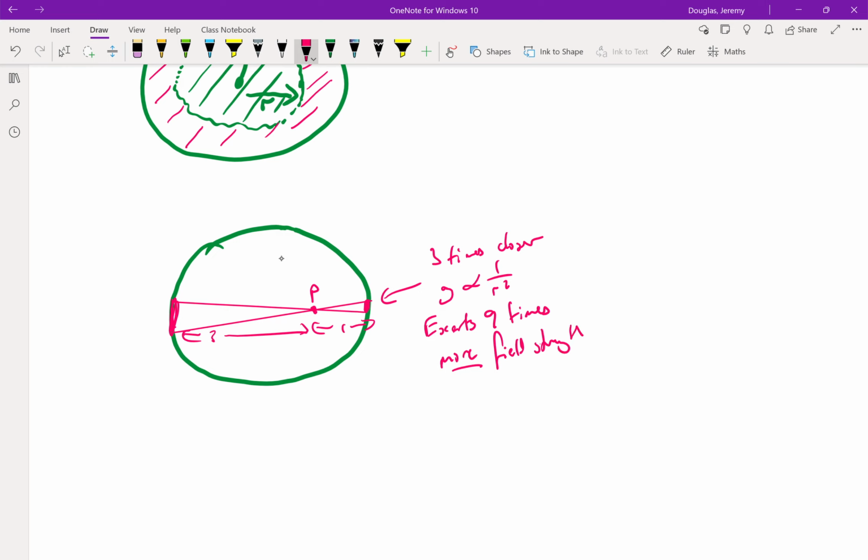Let's call this stuff here A, and let's call this stuff B. A has more field strength than B, since it is 3 times closer.